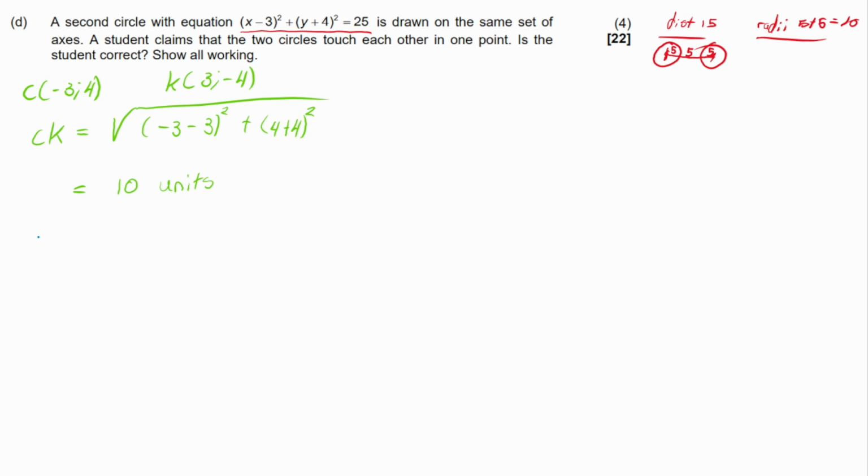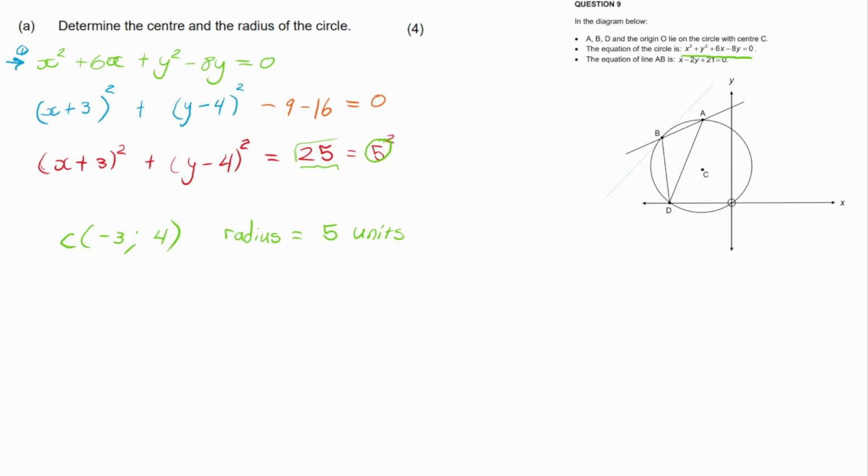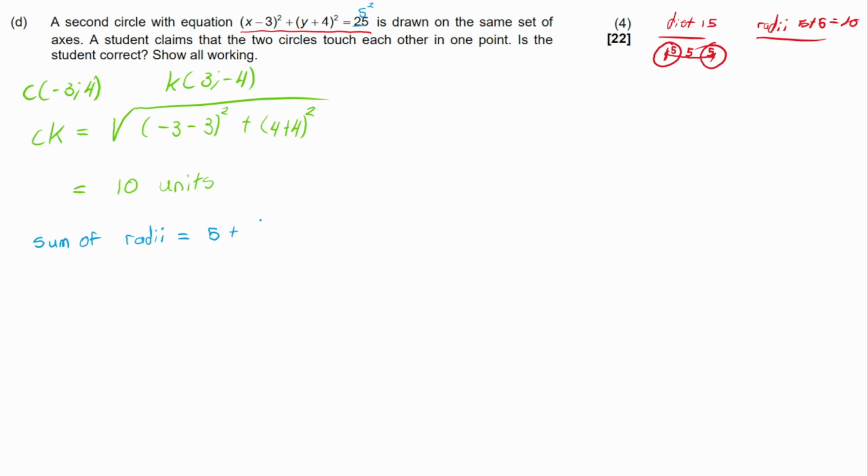And the sum of radii is equal to, so this radius is 5 squared, because remember this should be r squared over here. So we know that the radius is 5, and we know the radius from our other circle was also 5. Let me show you. And it came from over here when we determined the radius was 5. So we know the two radii. So 5 plus 5 is 10 units.